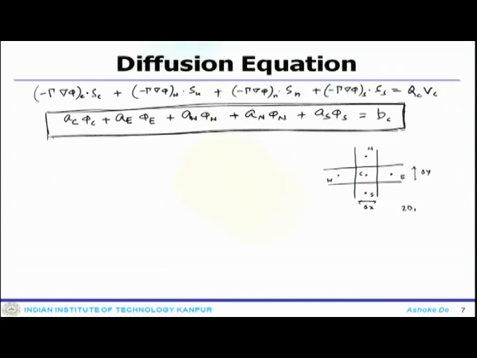So, 2D uniform Cartesian system. This is where we started, and the governing equation that we are discretizing is the steady state diffusion system with source term.